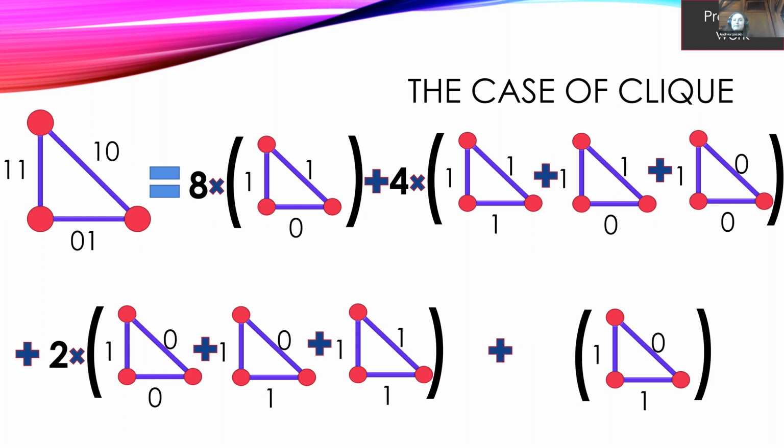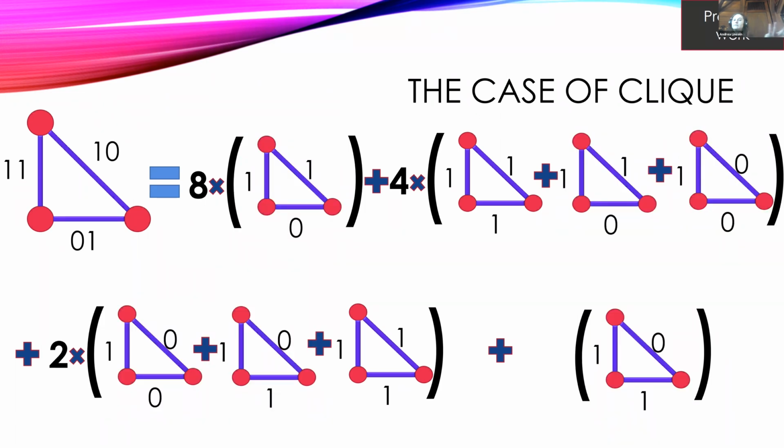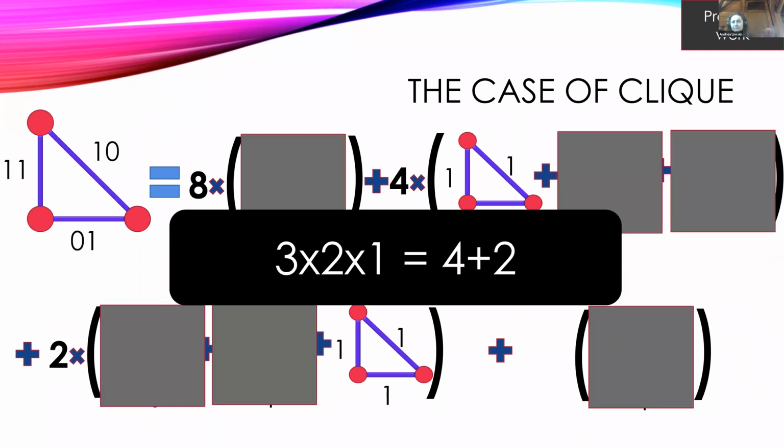All 3 choices of 2 lower order bits and 1 higher order bit weighted by 2, and the choice of all lower order bits weighted by 1. And, as is correct, if you only count things that actually look like cliques and you weight them appropriately, you in fact get out the same sum.